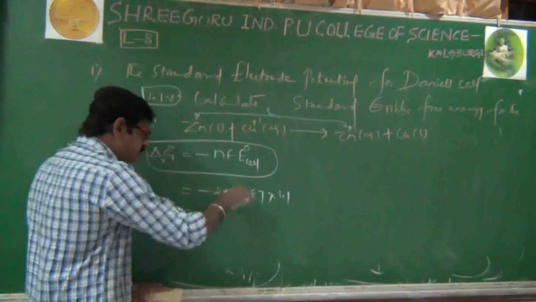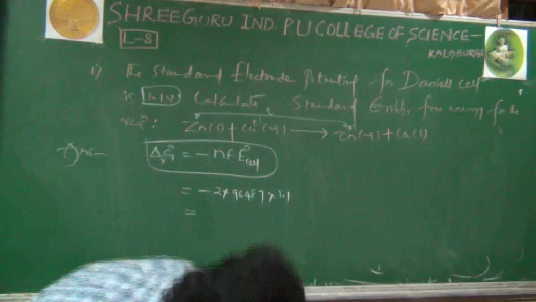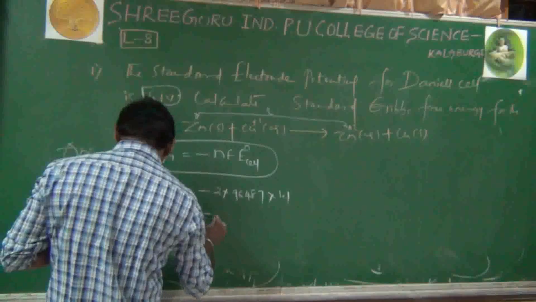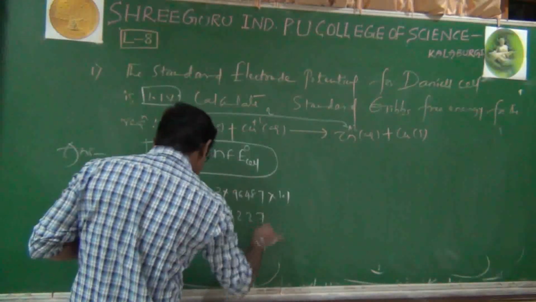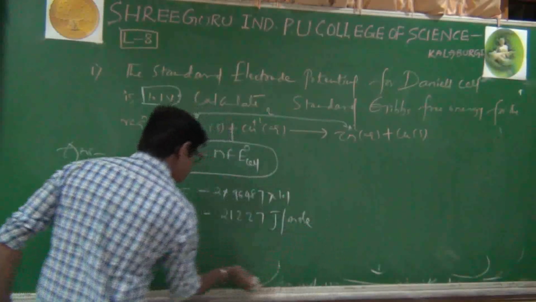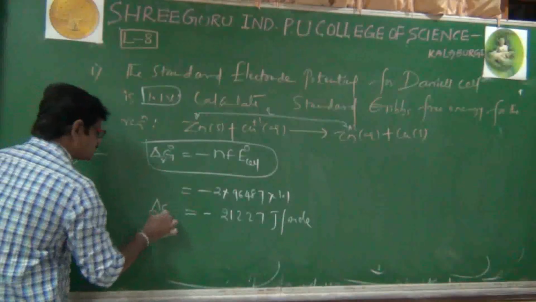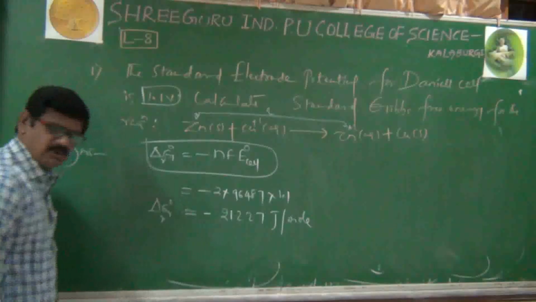If you multiply the values, then you will get minus 212,270 or so, units are joule per mole. Delta G naught is equal to minus 21227 joule per mole.